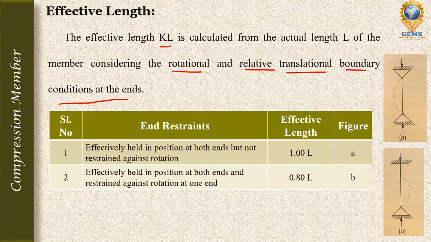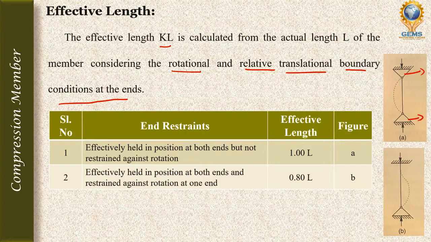The first one is effectively held in position at both ends but not restrained against rotation. So this is our first condition. As seen in figure A, you can easily identify it is a hinged joint. In a hinged joint, rotation is free.